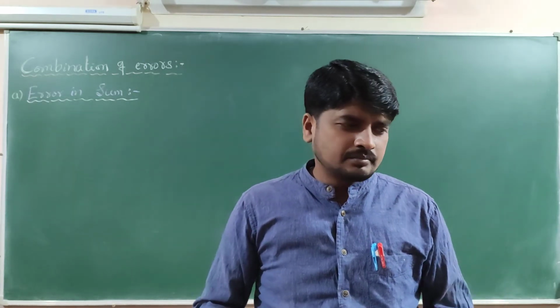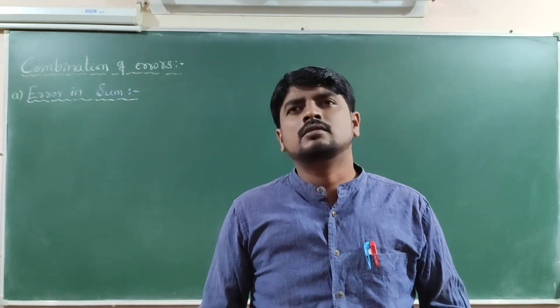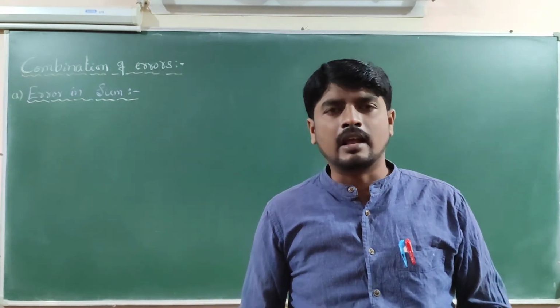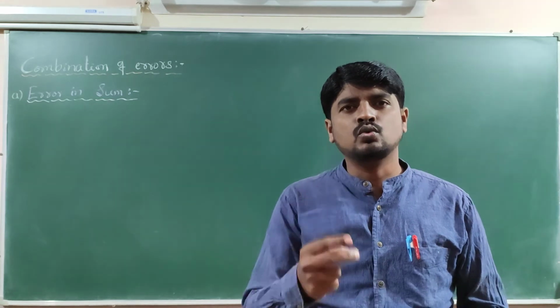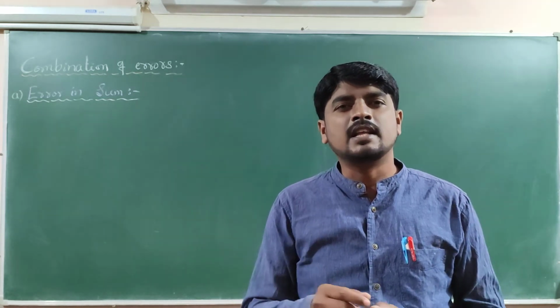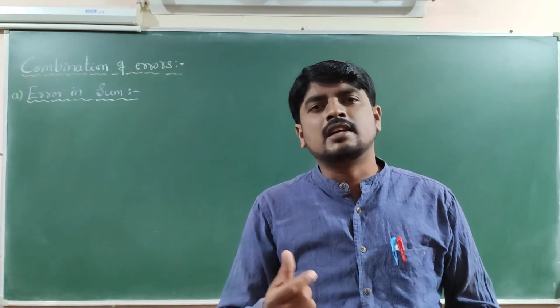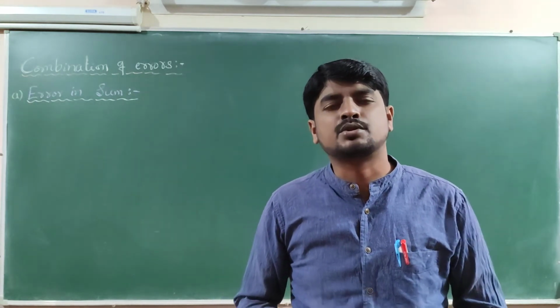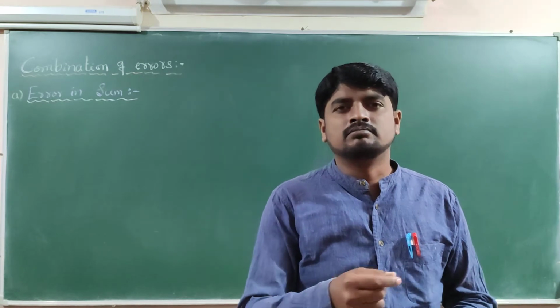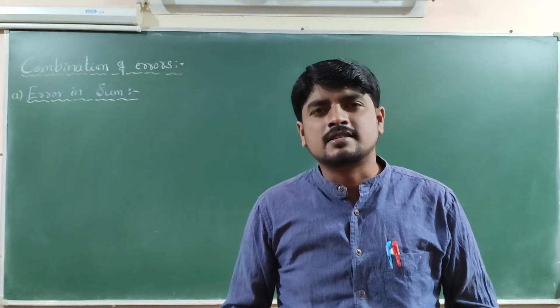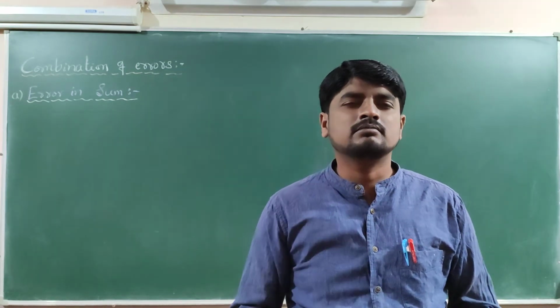I can say, if you scored 98 marks in English, the error is 2, that is 100 minus 98. And if you take 97 marks in mathematics, then the error is 3. If you take 99 marks in science, the error is 1.